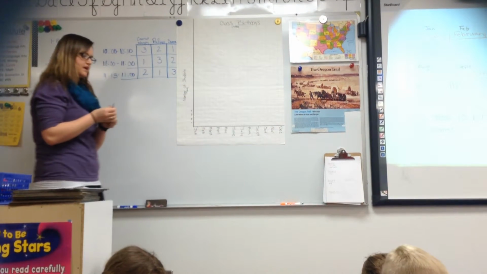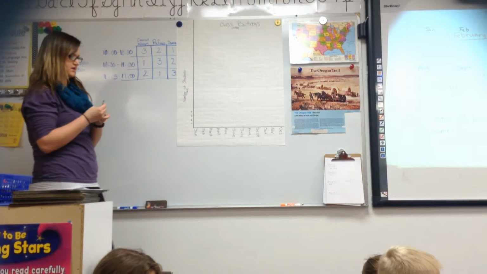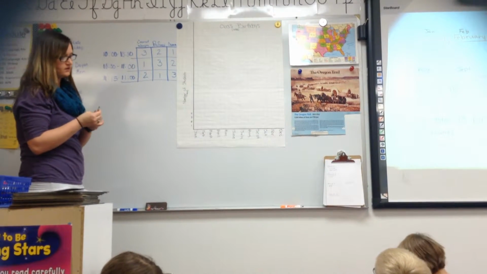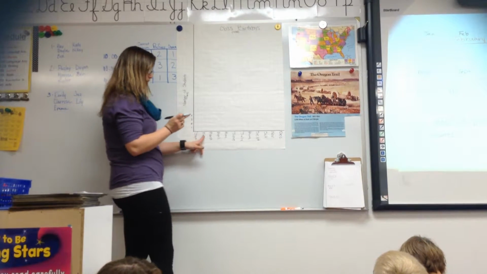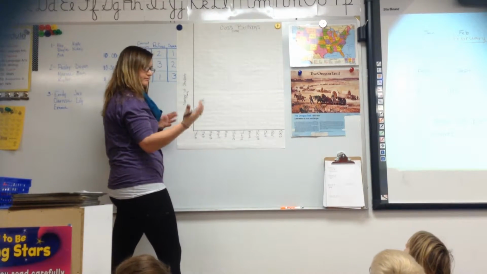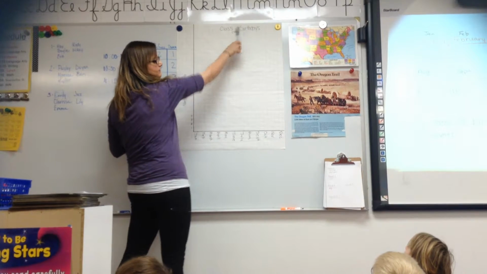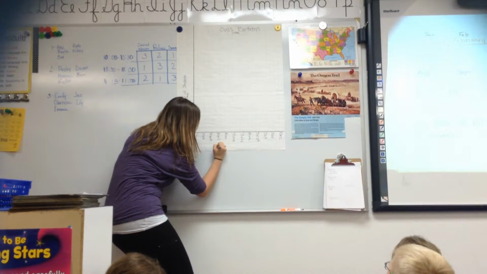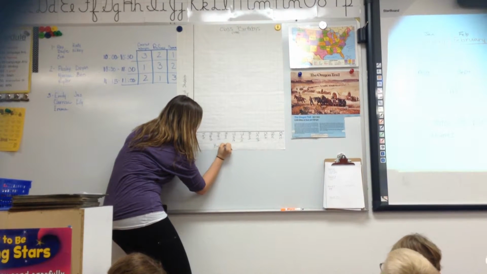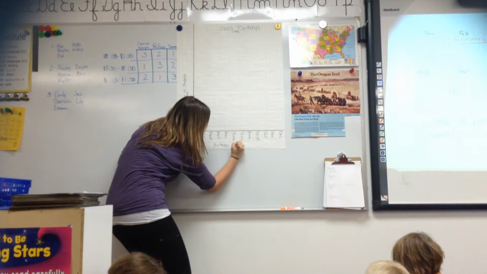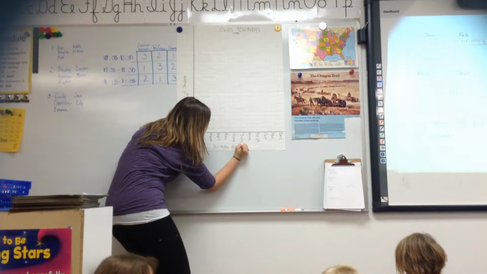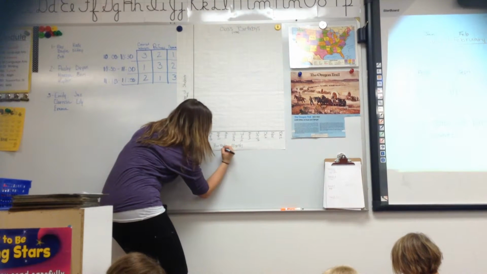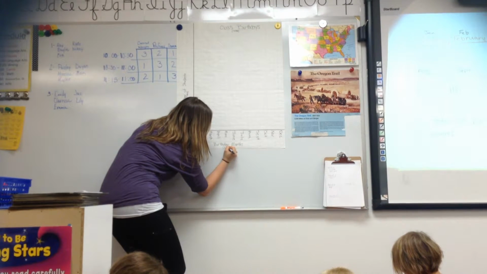What is my label for my X-axis, Clarissa? The months. So, what kind of months? What are we looking at? The birthday months, okay? So I want everybody to write birthday months. And in parentheses, what axis? X-axis.